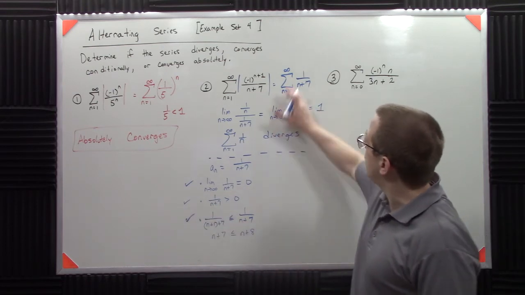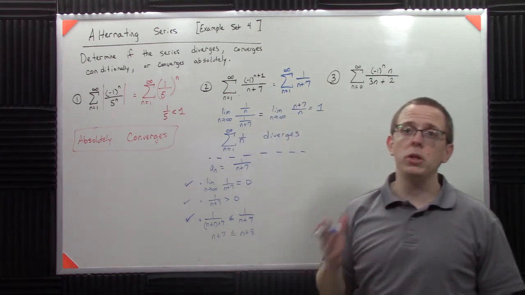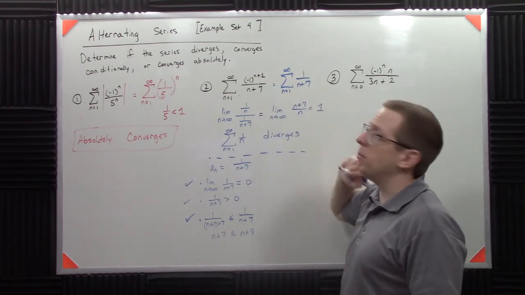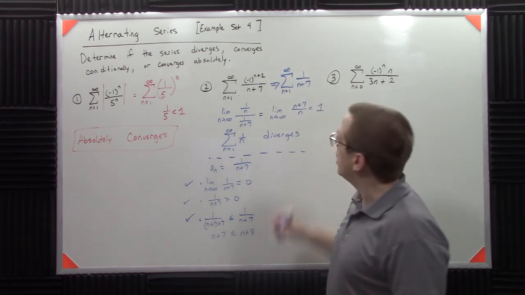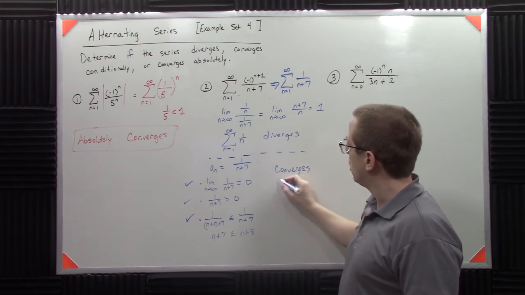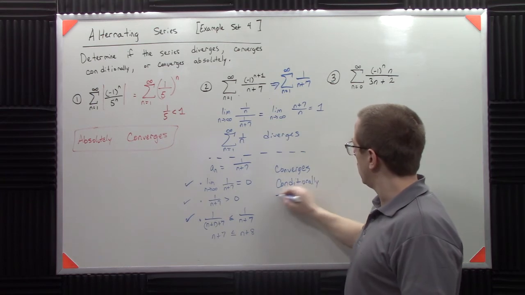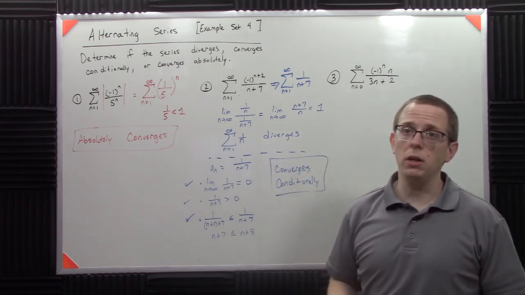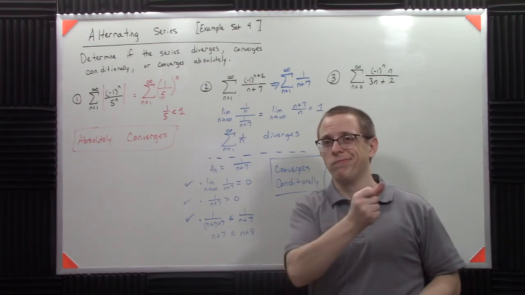So that tells me that this series without the absolute value actually does converge. But with the absolute value, it doesn't. So that tells me that it does converge, but only conditionally. So we can't just slap absolute values and expect it to work, sadly.